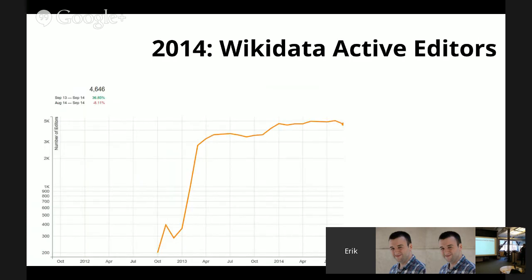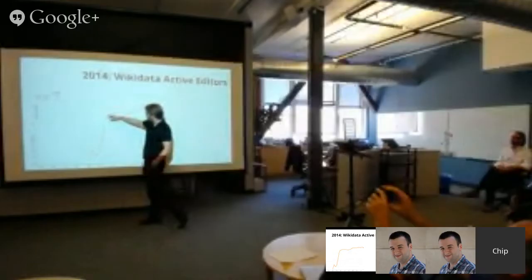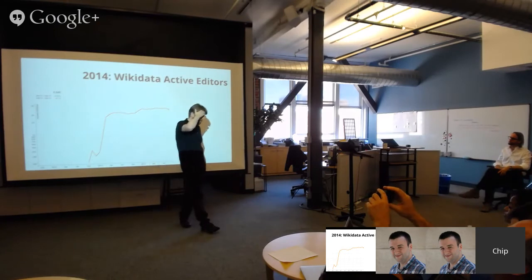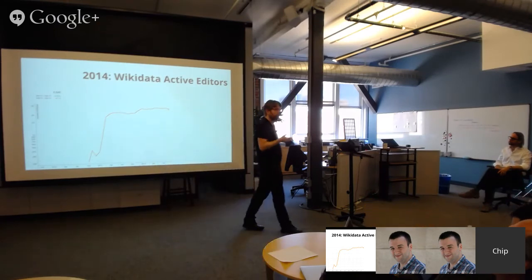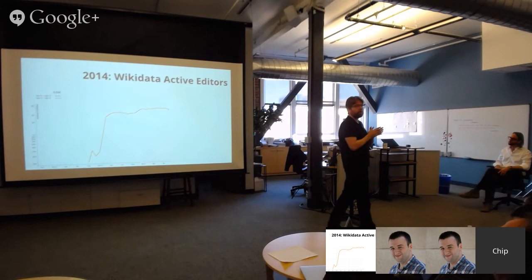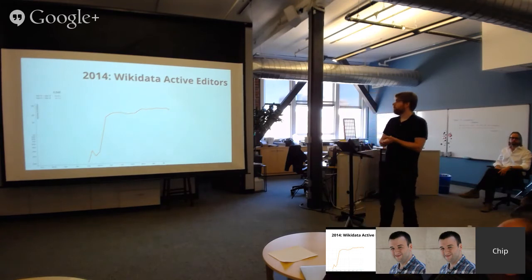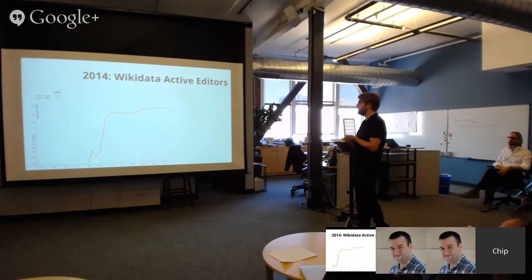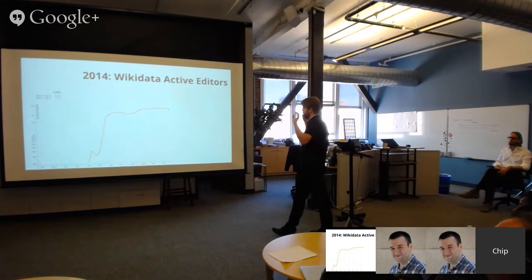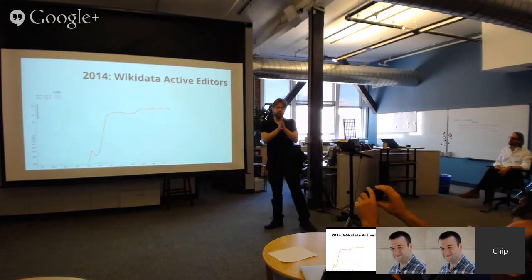And the community started growing. It started growing very dramatically just around that time. As you can see here, April 2013, when the language links started kicking in, that's when the community really started to emerge in Wikidata, and we now have about 4,500 people every month who are active editors in Wikidata. That's humans, not robots.